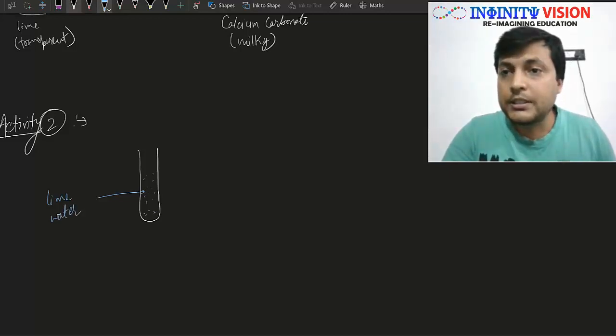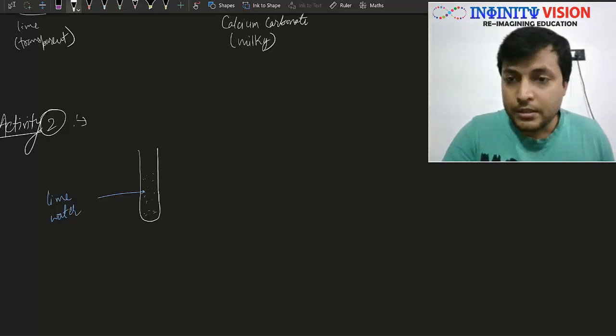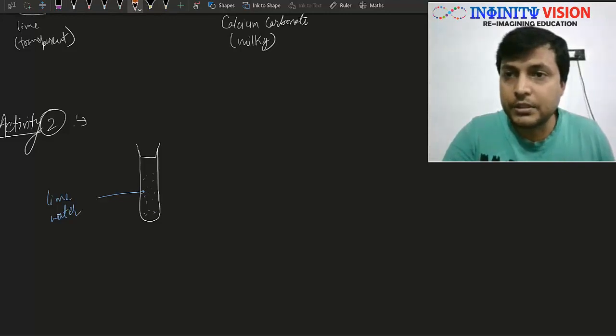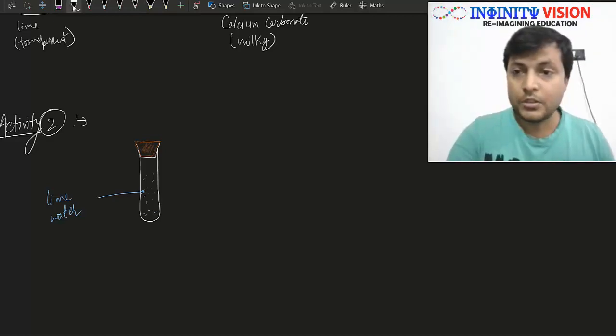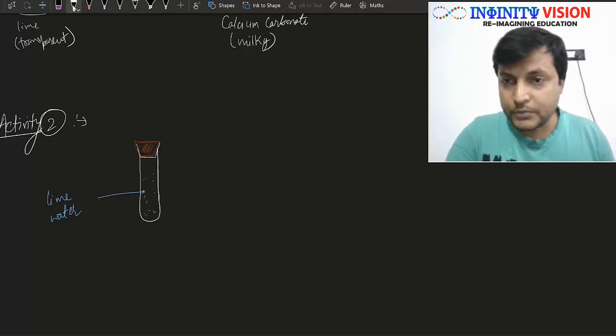Now on this test tube we put a cork, and in this cork we put a bent tube.